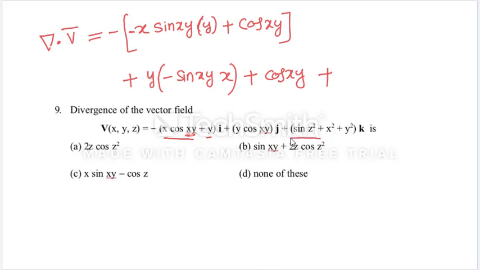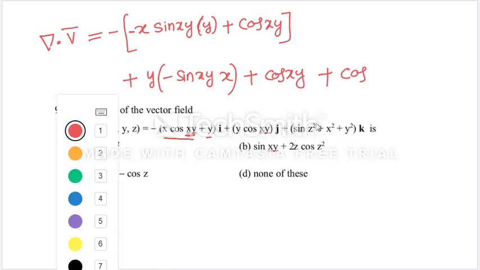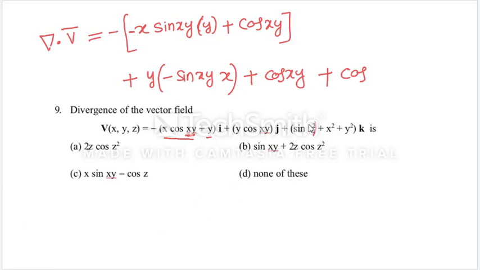This whole term is inside the bracket. This is only the bracket, so this is cos z square into 2z.